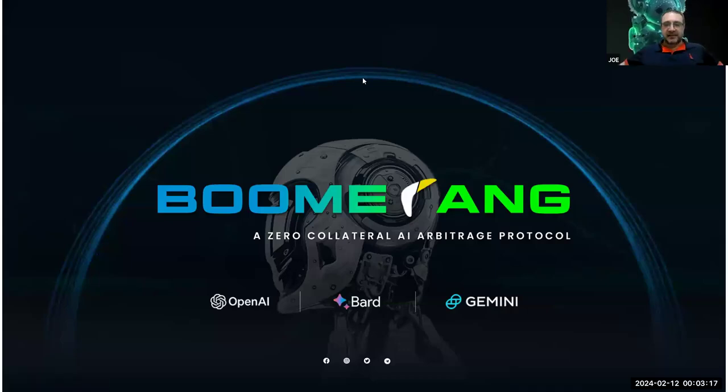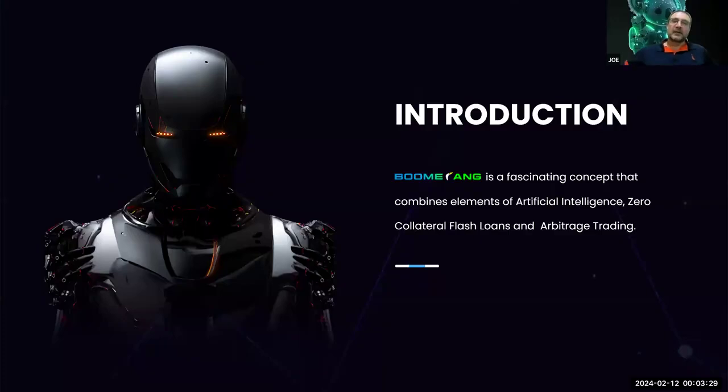So this is Boomerang, a zero collateral AI arbitrage protocol. Doesn't that sound amazing on its own? Boomerang is a fascinating concept that combines elements of artificial intelligence, zero collateral flash loans, and arbitrage trading. There's nothing particularly unique about any of these things.